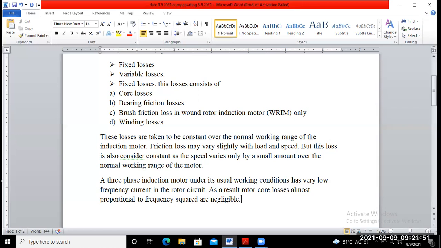Okay. So only we can consider the stator core loss.